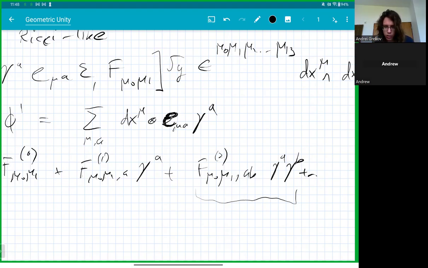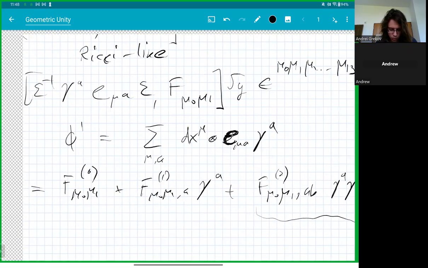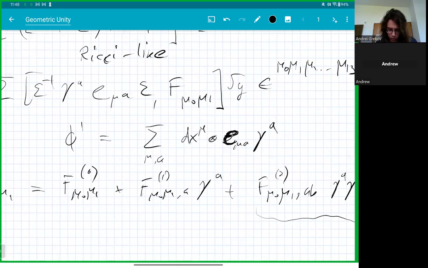That will make our life easier. Let me just, for simplicity, replace the index here by C, so I don't have the same index twice.